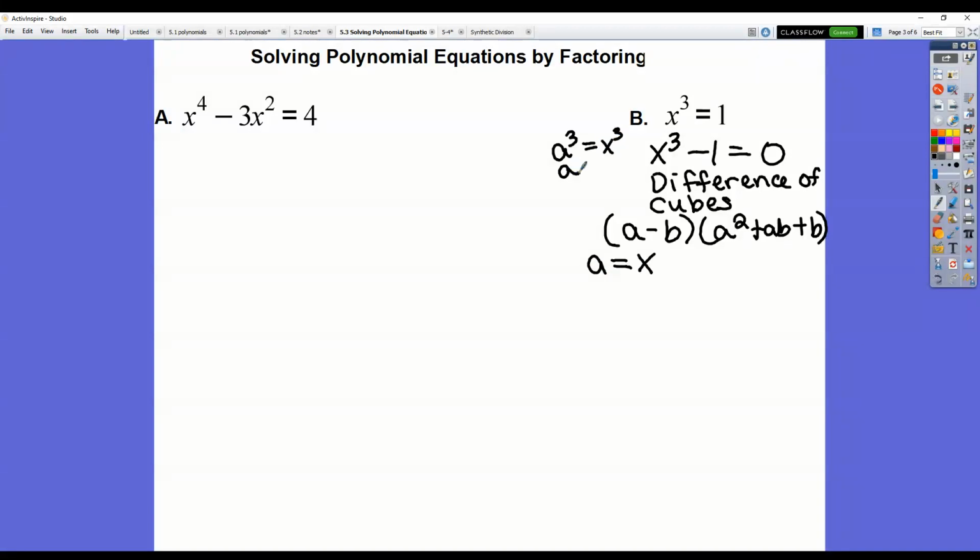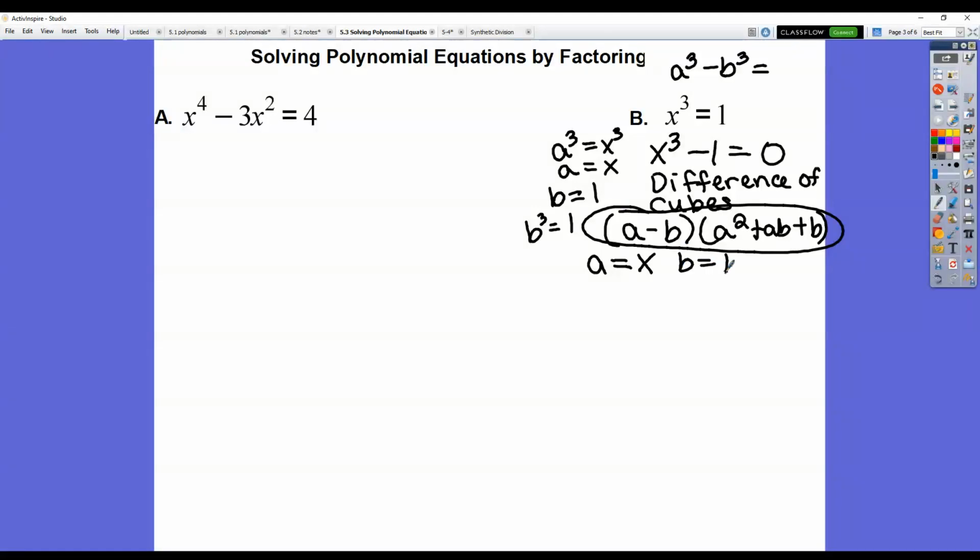So then a would have to equal x. B is 1, because isn't b cubed also 1 cubed? Yes? Because this is in the form of a cubed minus b cubed. When we have a cubed minus b cubed, it factors to this. This is the formula. So once you know that a equals x and b equals 1, just plug it in.